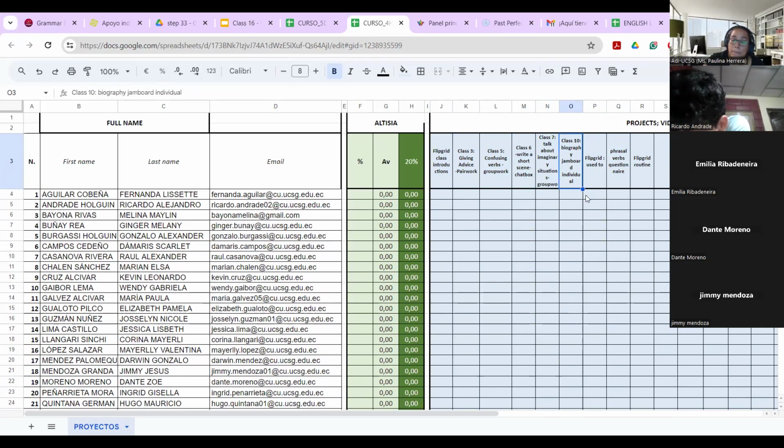Something that we did in Jamboard about the biography of a person that you knew, that you have to pick. Some of you picked current or fictional people, or I'm sorry, famous people. And the phrasal verb questionnaire that we did last class. And today we're going to do one more activity, that is a Padlet activity. Okay. All of these are the things that I grade.